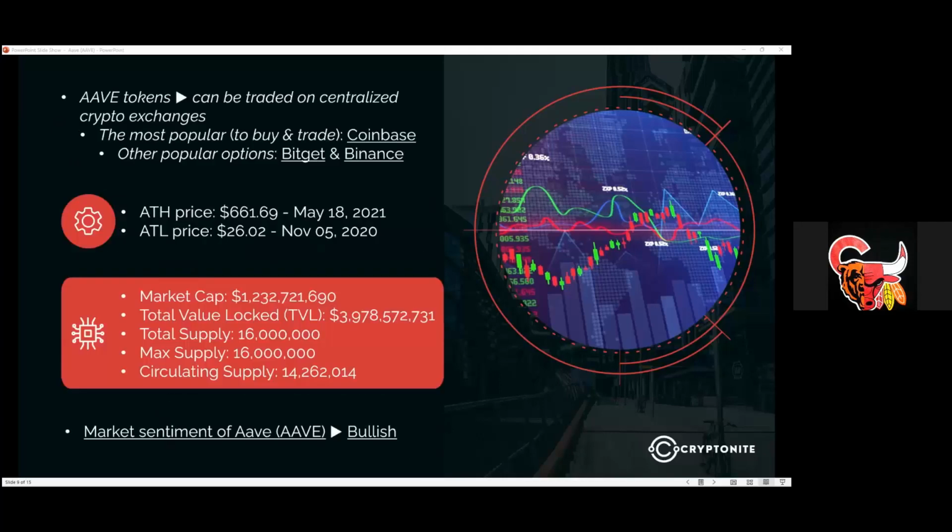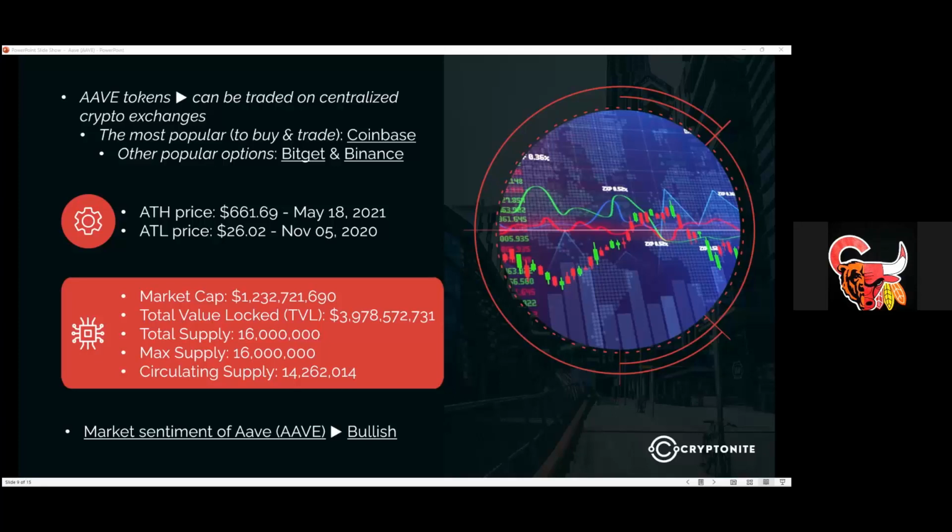The coin at its all-time high was at $661. That was back in May 2021. And then the lowest price was in November 2020 at $26. We're currently at about $85. Market cap is 1.2 billion. Now, the total value locked is huge.